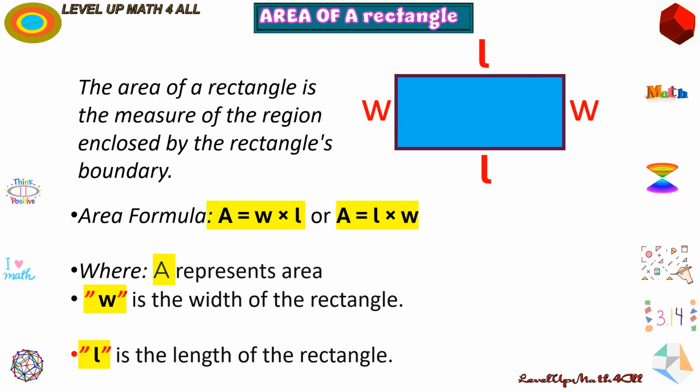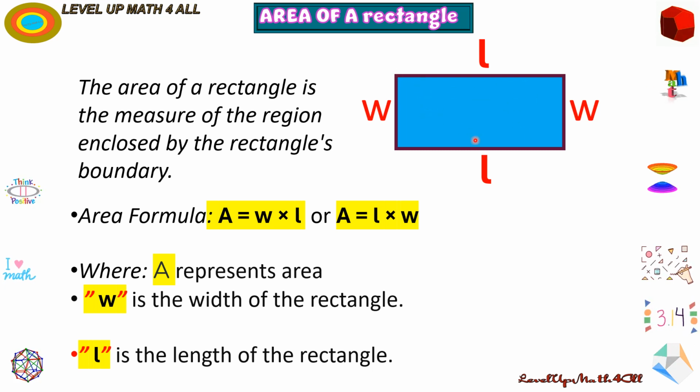Before we solve the problem, let's visit once again what we mean by area. The area of a rectangle is the measure of the region enclosed by the rectangle's boundary. So what is the rectangle boundary? Here is a length, one side, and there is a width, another side. Here is another length, another side, and another width, another side.